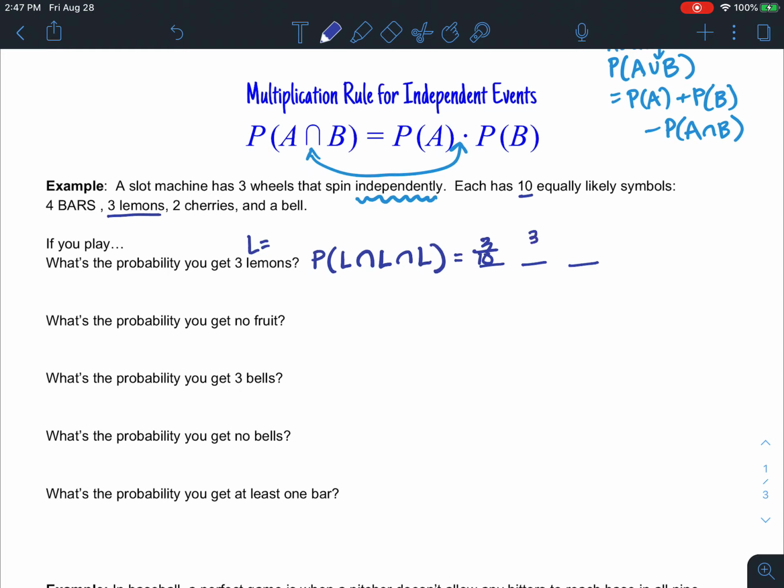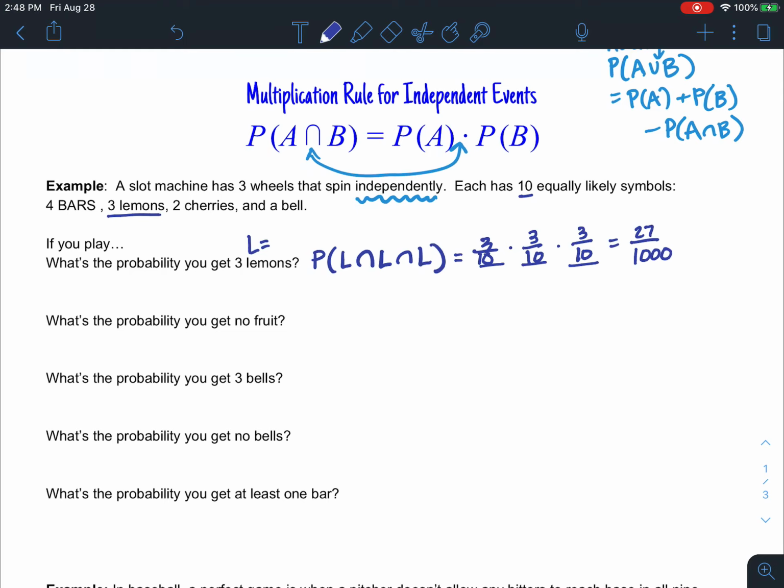Well, these are independent, so it's going to have the same probability, 3 out of 10. What about the third wheel? Same probability, 3 out of 10. So what the multiplication rule says is to find this probability that I get all 3 lemons, I'm just going to multiply 3/10 times 3/10 times 3/10. 27 out of 1,000. And there we go, multiplication rule.